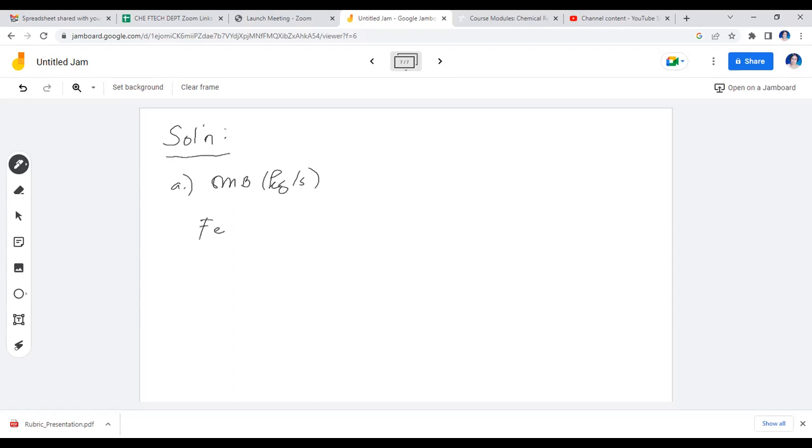So feed from the reactor, we have our wash liquor or our solvent. We have the washed solid. This refers to the final underflow, and the liquid product.